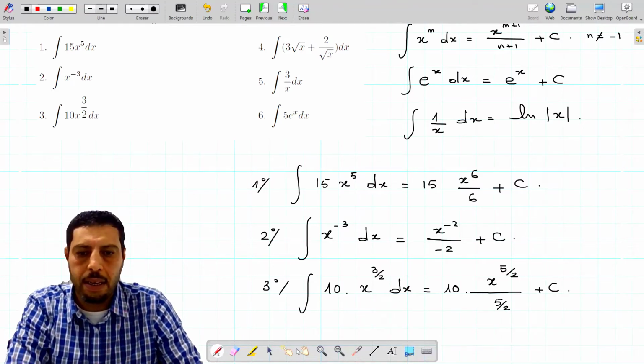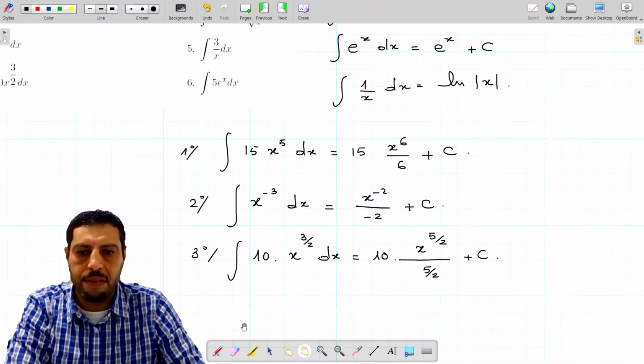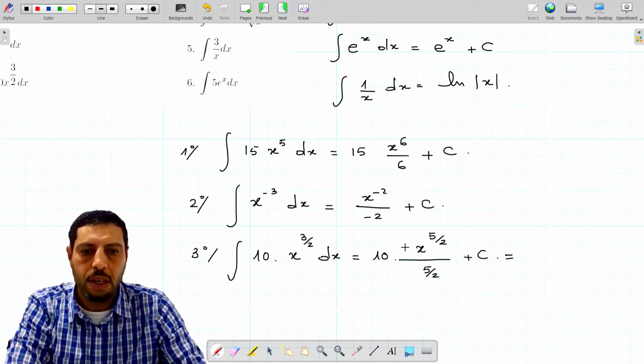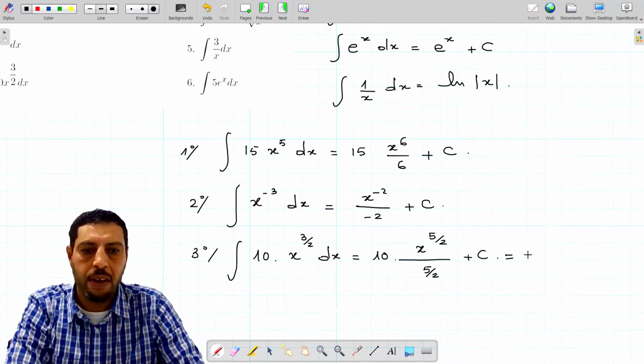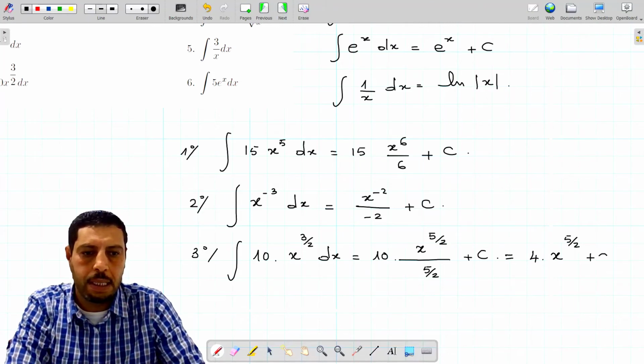Of course, you can simplify this expression, so it gives 2 over 5 times 10 times x to the power of 5 over 2. So it gives 20 over 5, which is 4 x to the power of 5 over 2 plus c.